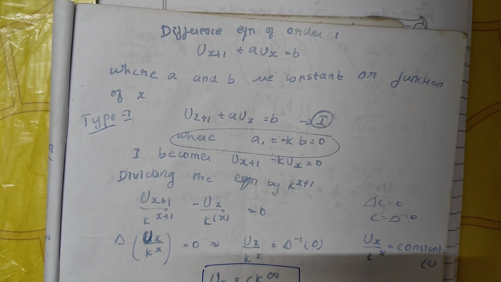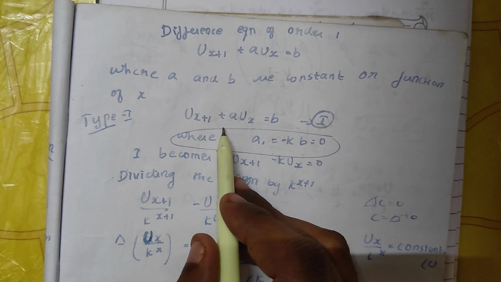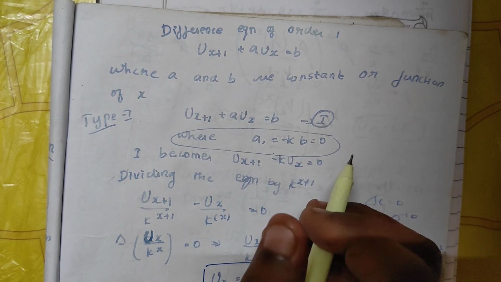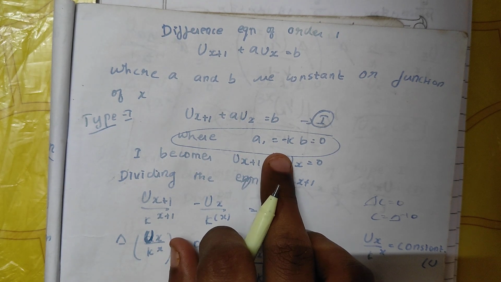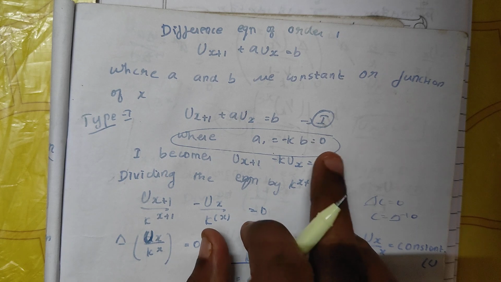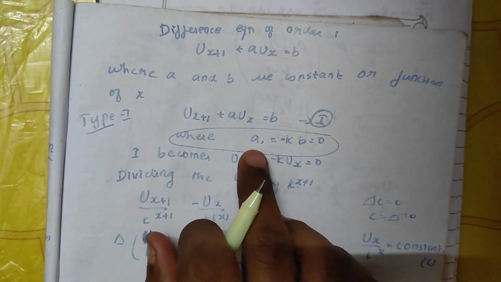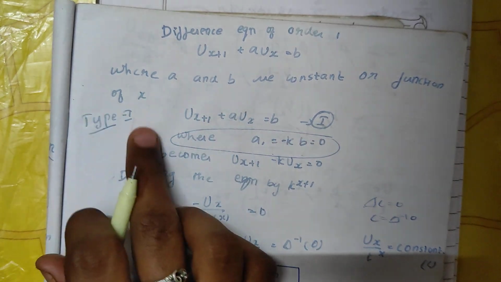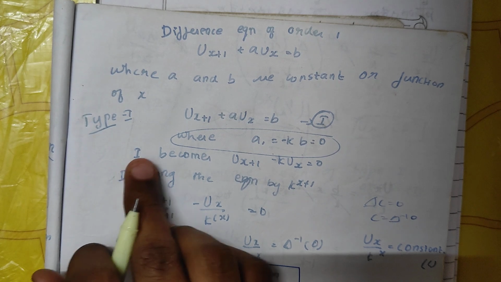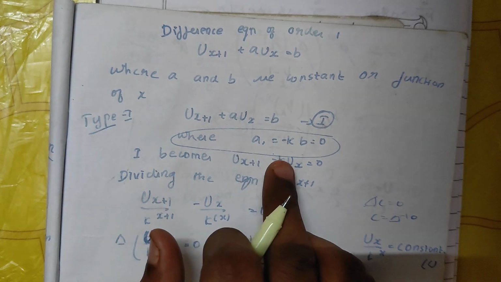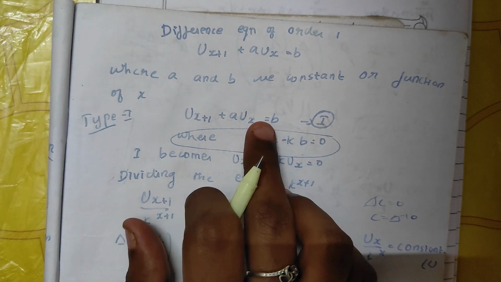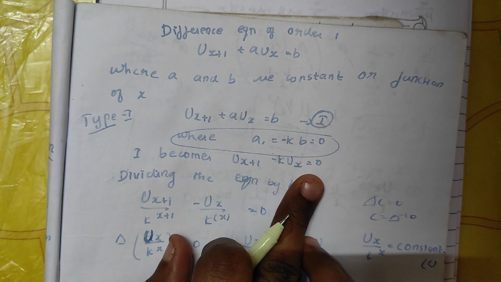Okay, so we are going to see type 1 here. u x plus 1 plus a into u x is equal to b, where a is equal to minus k and b is equal to 0. If the equation satisfies this format, it comes under type 1. Therefore type 1 becomes u x plus 1 minus k into u x is equal to 0.